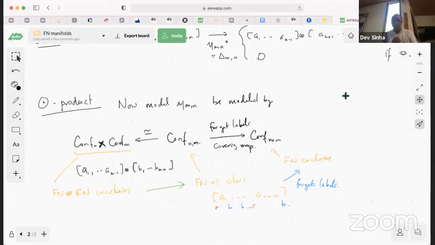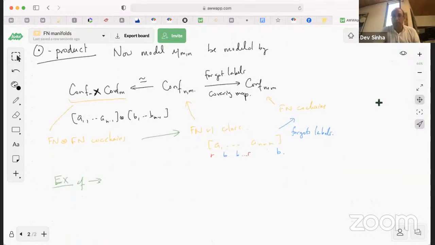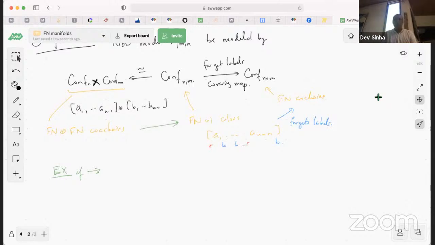And so, since the second map is forgetting labels, it suffices to consider the first map. Let's give a simple example of trying to calculate that natural map for that product map that's an equivalence.